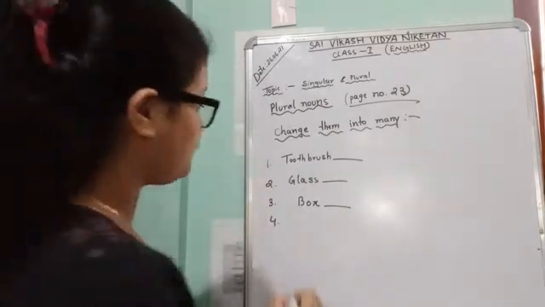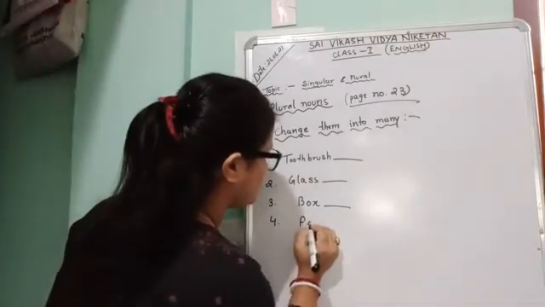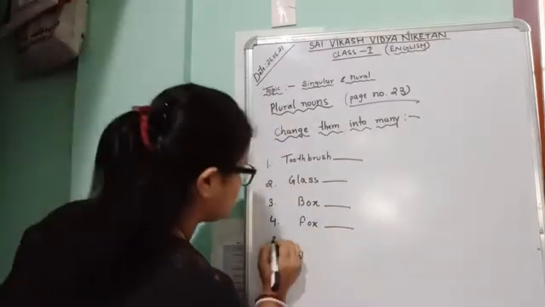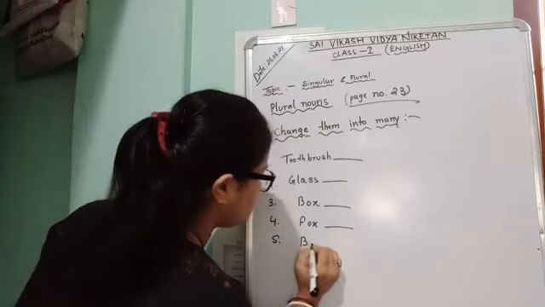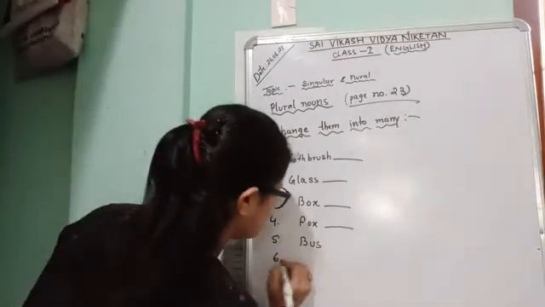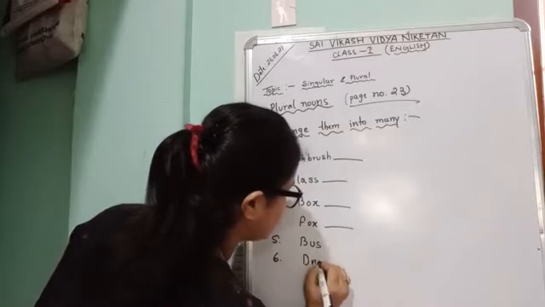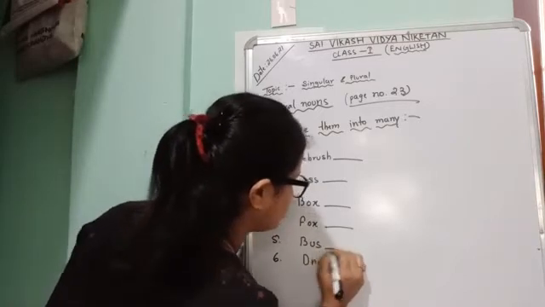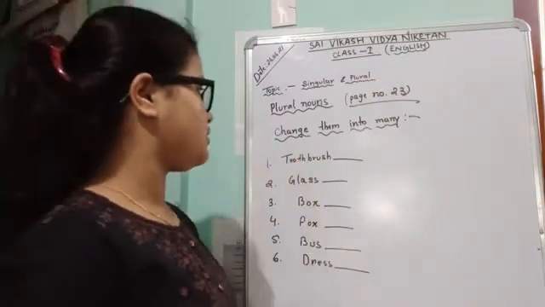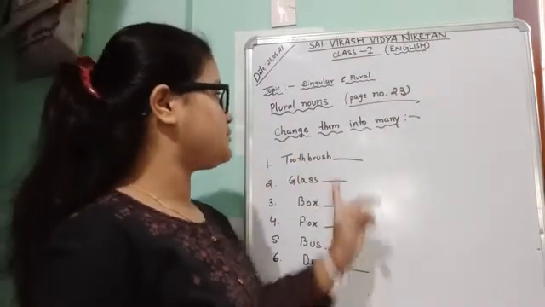Next, fox, F-O-X. Next, bus, B-U-S. And last one is dress, D-R-E-S-S. So now we have to change all these nouns into many.